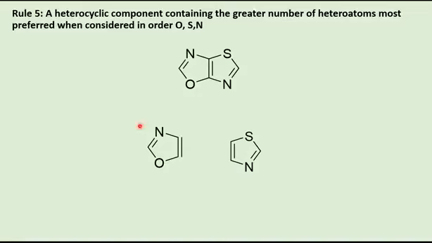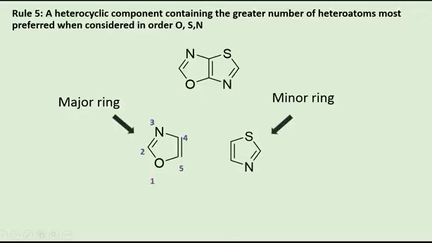So oxazole will be the major ring and thiazole will be the minor ring. Let's go ahead with the numbering: 1, 2, 3, 4, 5. Here this is 1,3-oxazole. What about this one? 1,3-thiazole, because this is the substitution.